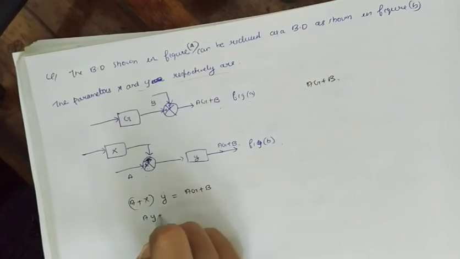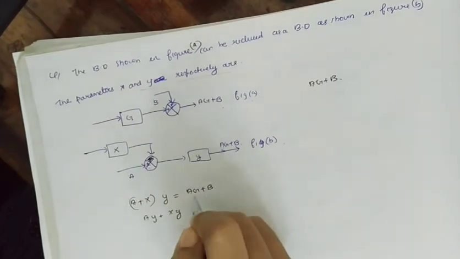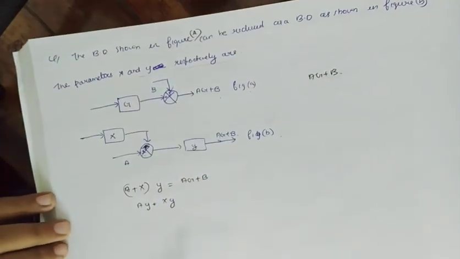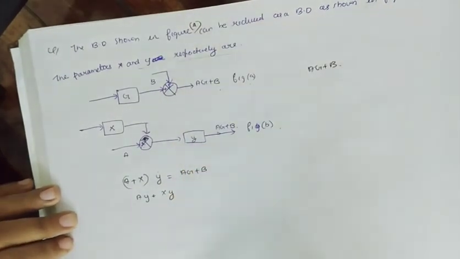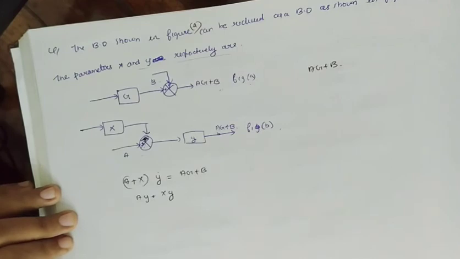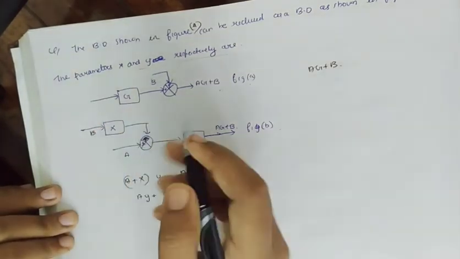So that is AY plus XY. Okay, there is B here.